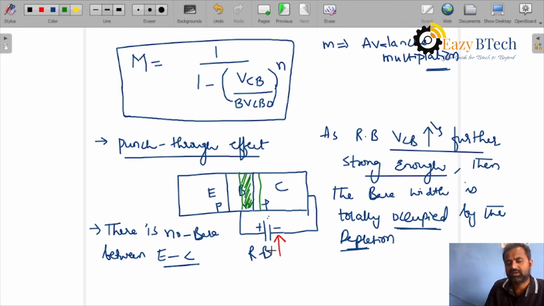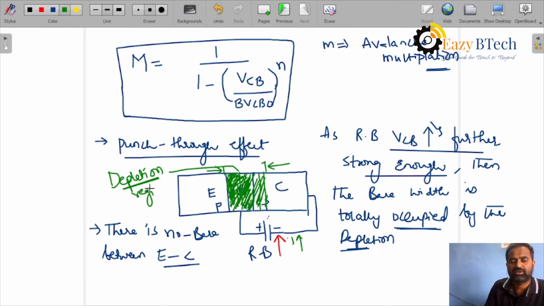Now as the reverse bias voltage is increased further, the total base width is occupied by the depletion region. This region, from here to here, is the depletion region.